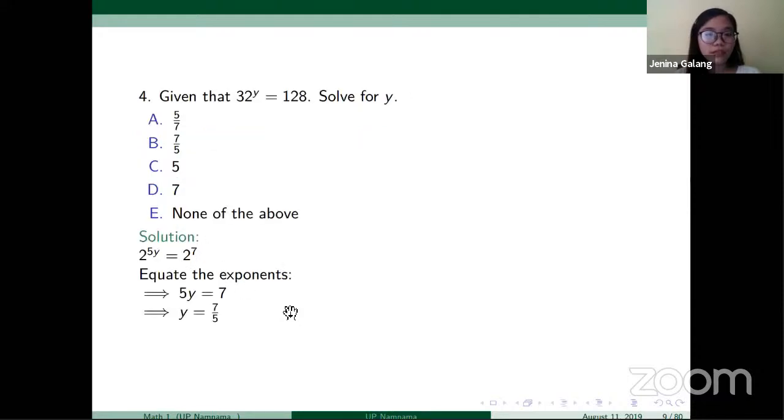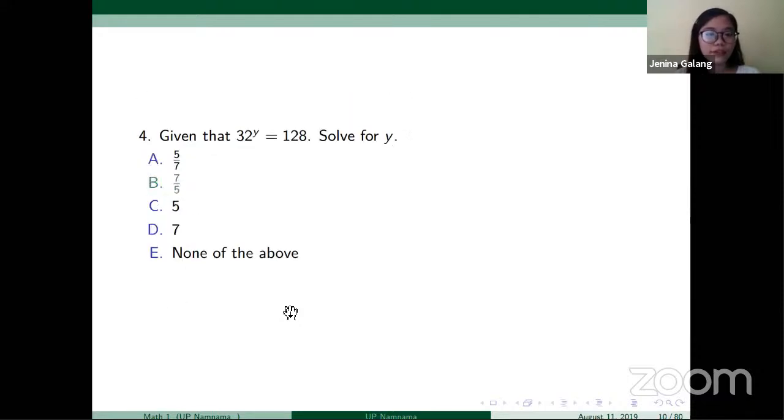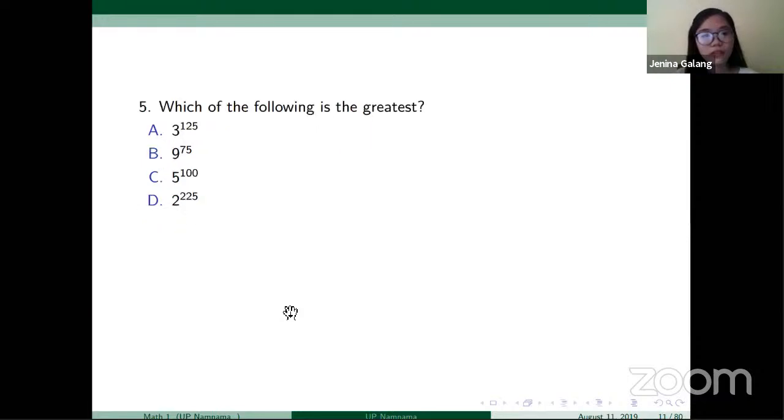So ang sagot is 7 over 5, which is letter B. So next, which of the following is the greatest? So we have 3 raised to 125, 9 raised to 75, 5 raised to 100, and 2 raised to 225.